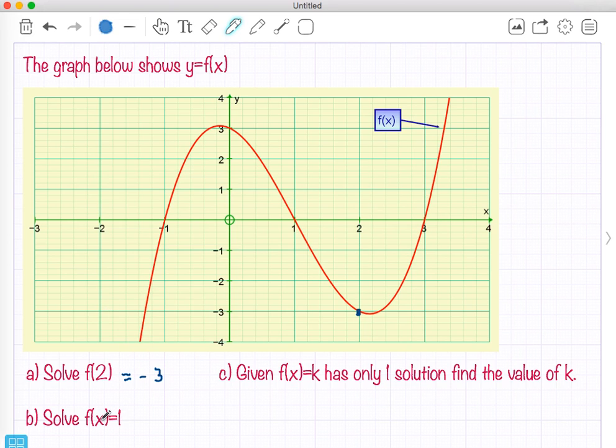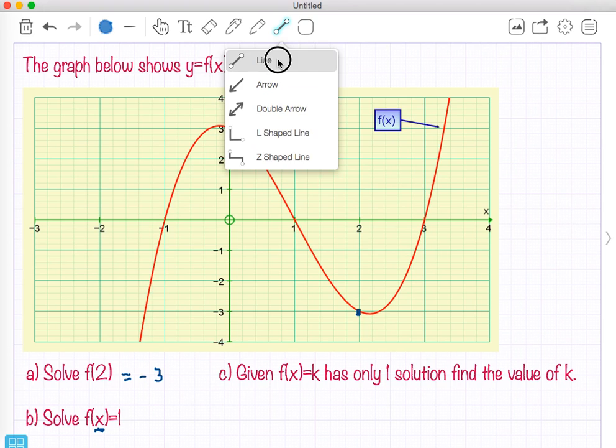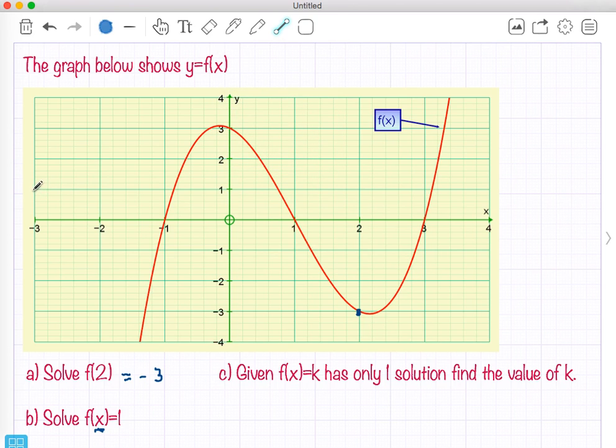B, this one's different. This wants to know what the x value is, given that f(x) equals 1. So what I've done is I've replaced y with 1. So I'm going to draw the line y equals 1 along there. Let's just reposition that line. So here is y equals 1.